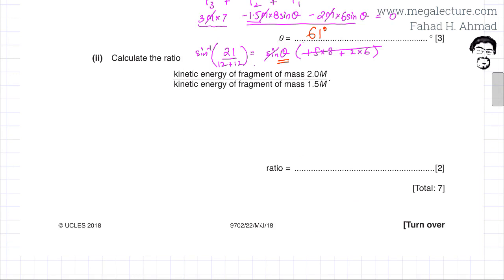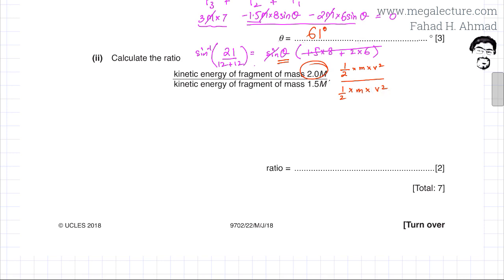In this next part, part 2 of the question, you are supposed to calculate the ratio of the kinetic energy of the fragment of mass 2m and the kinetic energy of the fragment of mass 1.5m. So I just need to apply the formula for kinetic energy, which is half into mass into v square.